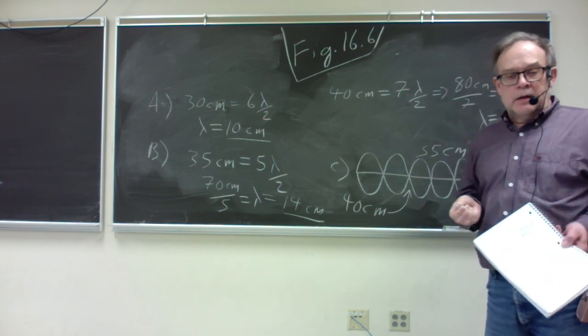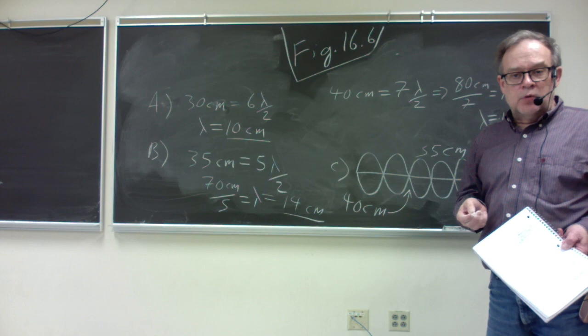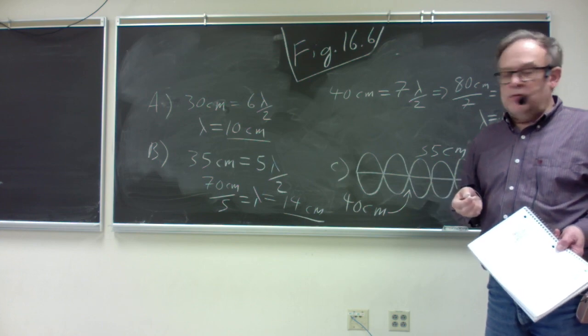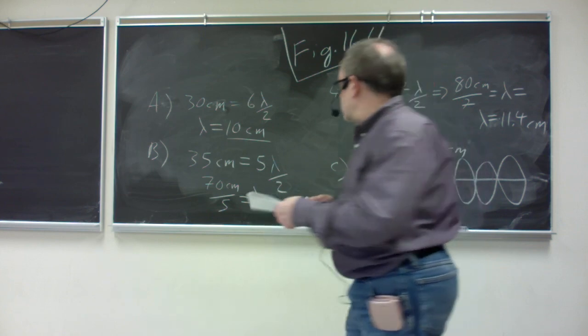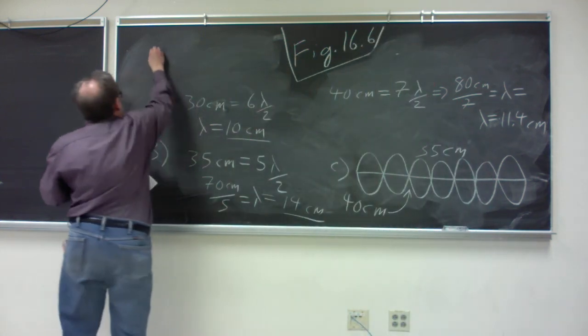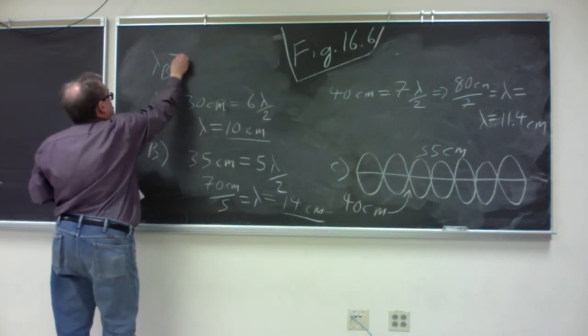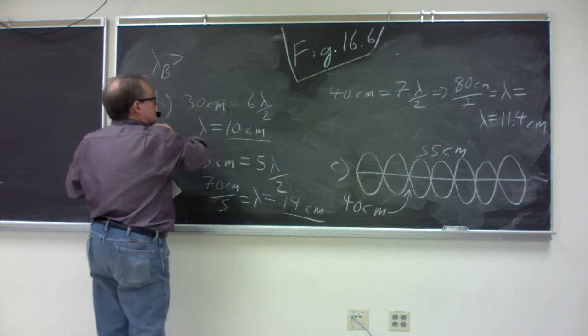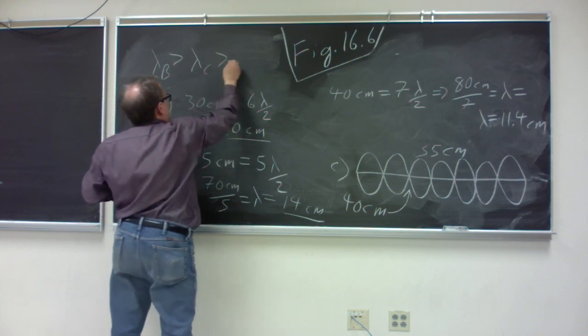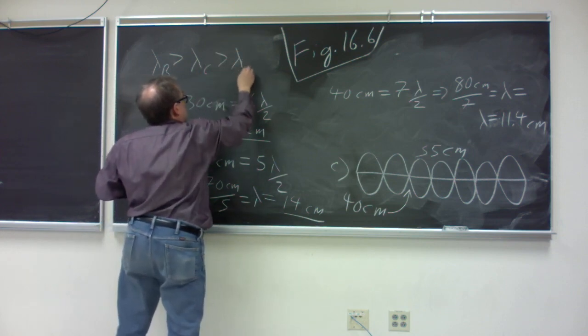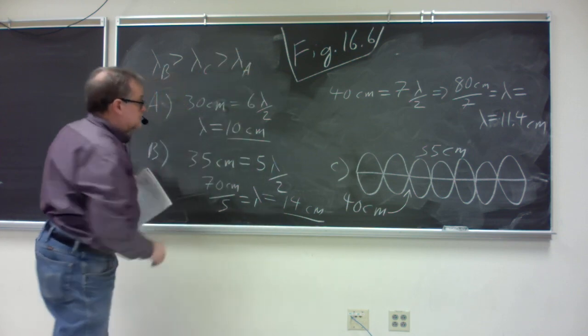And then the ranking of those 3 different standing waves in terms of their wavelengths: B has the longest wavelength, and then C has the next longest, about 11, and then A has the shortest, 10 centimeters.